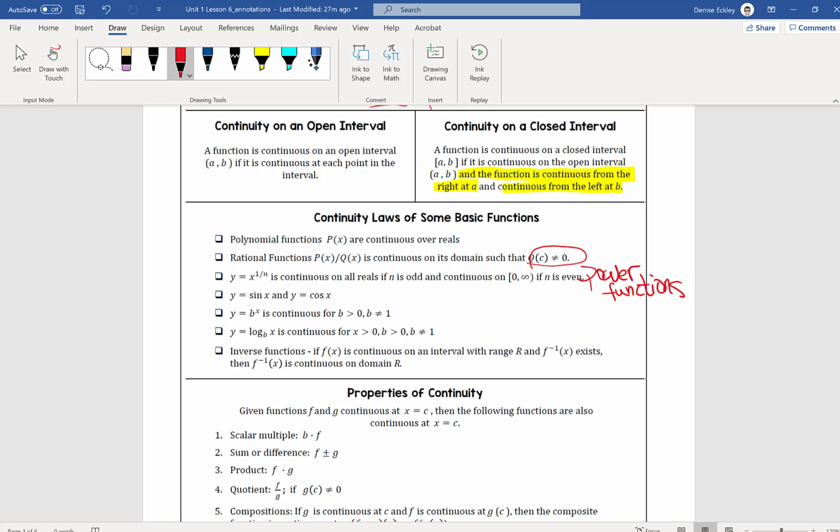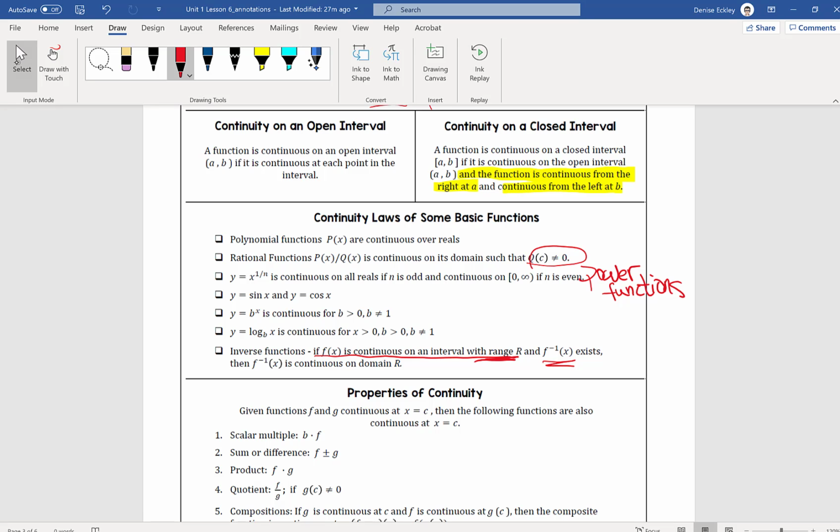And then for inverse functions, if f of x is continuous on an interval with a range r, and the inverse exists, then the inverse is continuous. So you have two things there. f is continuous on the range, because that's going to end up being the domain of your inverse function. The inverse exists, and therefore the inverse is continuous on the domain, which would be that range.